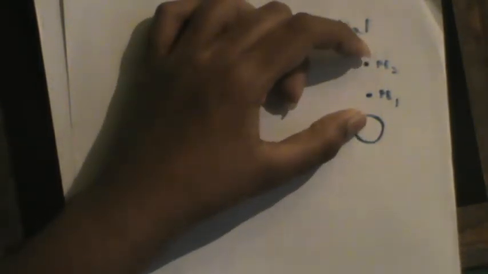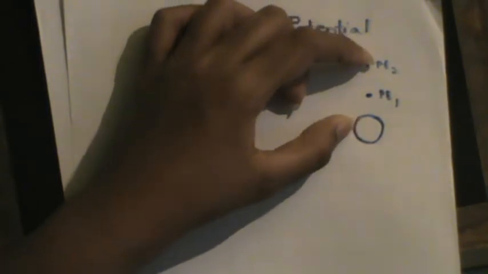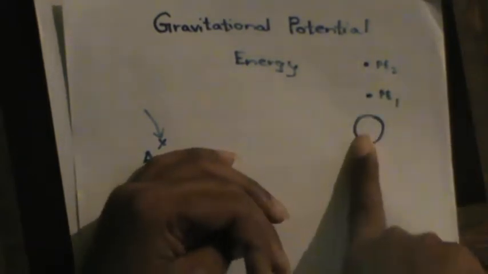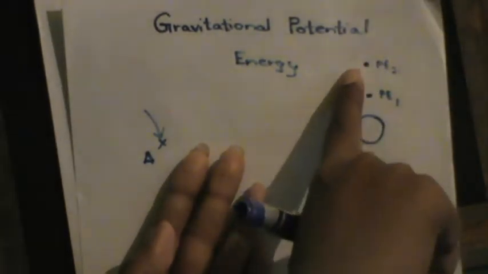So what actually happens is that if you increase the distance between this object and the earth, the potential energy increases. Alright, so if the potential energy is increased when the distance between this fixed point and this point is increased, infinity is the maximum height to which you can take this object.